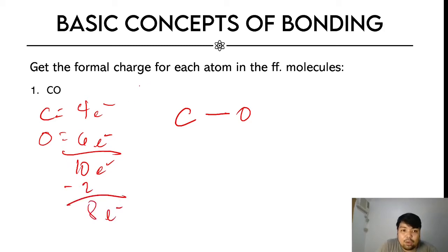So what we can do is we can also distribute these 8 electrons left equally on the 2 atoms. But if you distribute them as lone pairs or as non-bonding electrons, you will have an incomplete octet.